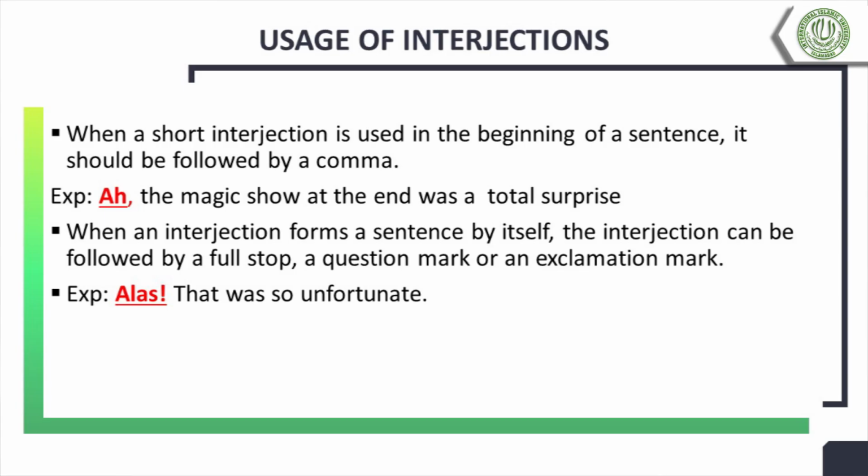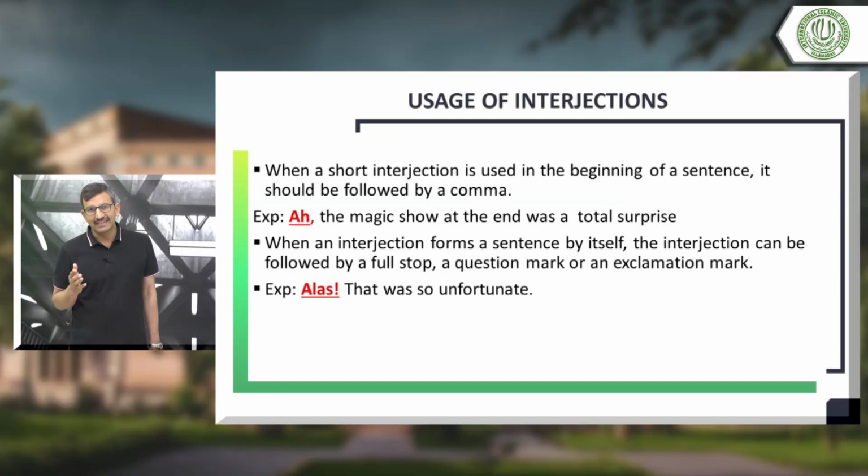Another usage is when an interjection forms a sentence by itself. The interjection can be followed by a full stop, a question mark, or an exclamation mark. Look at this example. "Alas, that was so unfortunate." In this sentence, alas is an interjection.